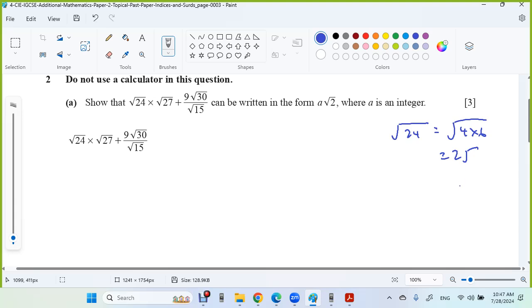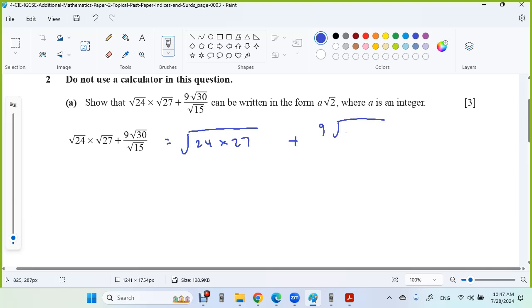And then this one is multiplication, so we multiply first. So this is the square root of 24 times 27 plus 9 square root 30 over 15.